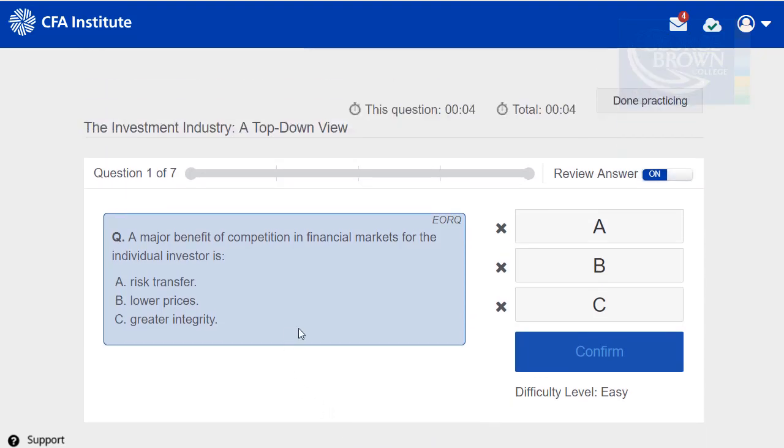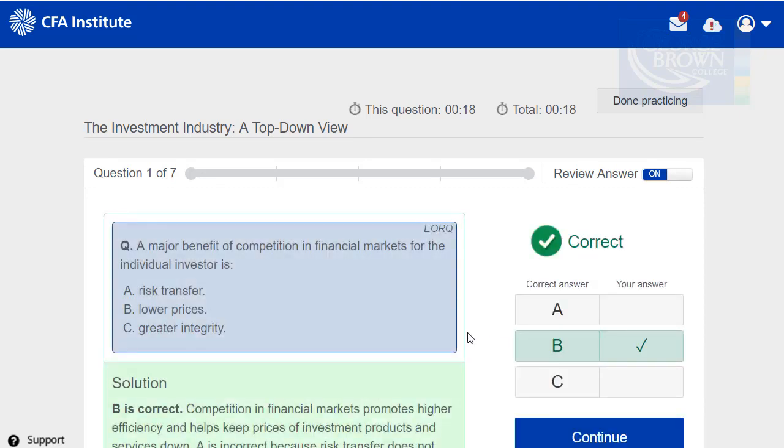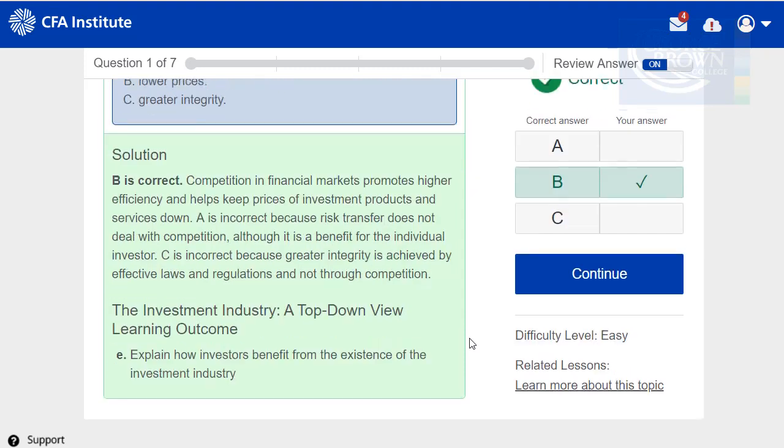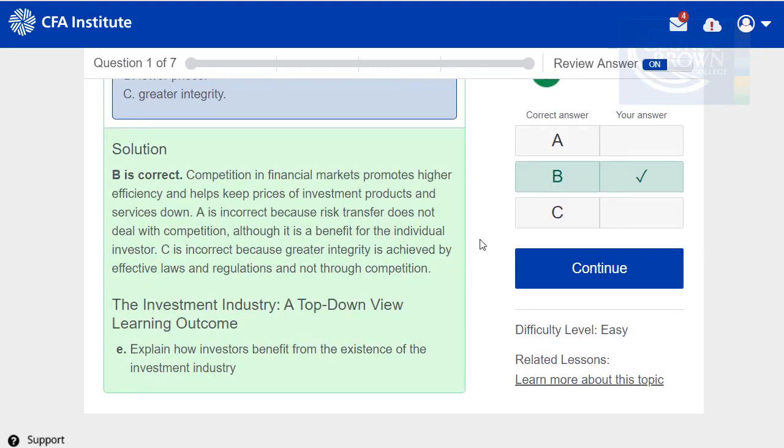You can see here: a major benefit of competition in financial markets for the individual investor is A, risk transfer, B, lower prices, or C, greater integrity. Well, competition usually brings lower prices. I'll click on B and confirm that. And yes, I was correct. Again, the level of difficulty is fairly easy, and it's going to tell me why I got the answer right. And again, it's matching up to learning outcome statement E, explain how investors benefit from the existence of the investment industry.